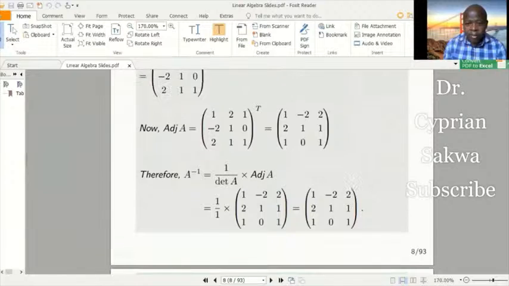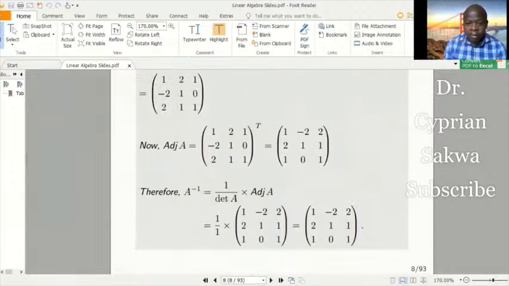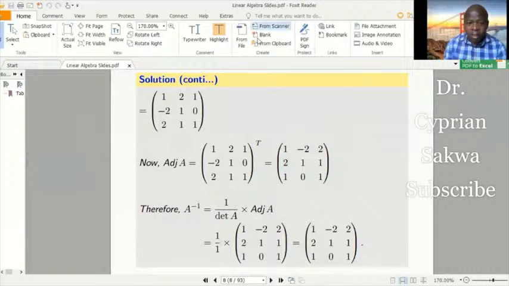We make the rows become columns, or the columns become the rows. So when we make this first row the first column, the transpose is that. First row becomes the first column, second row the second column, and the third row the third column.